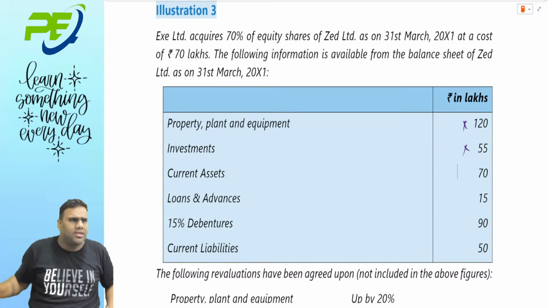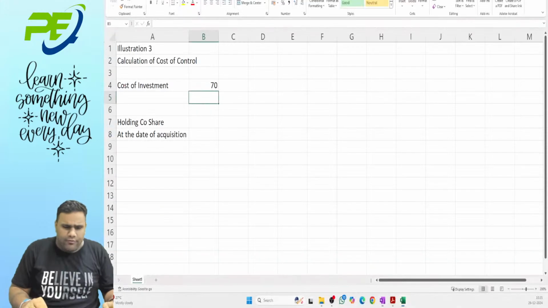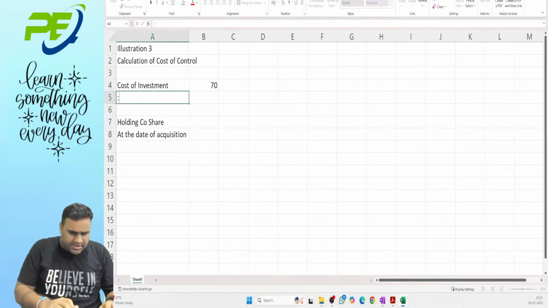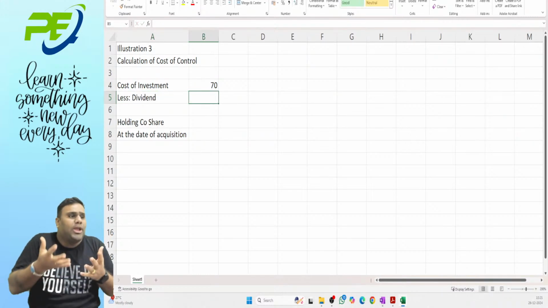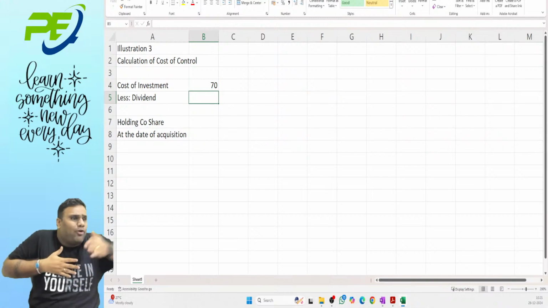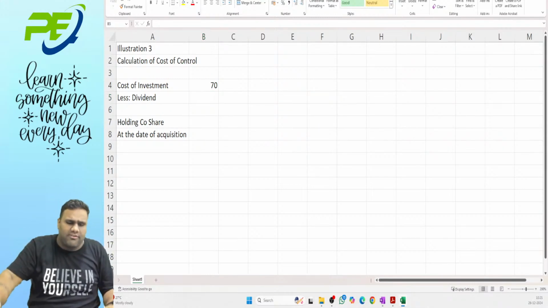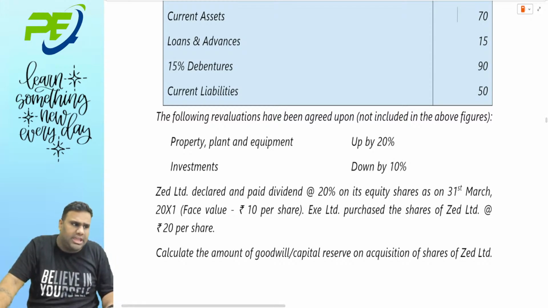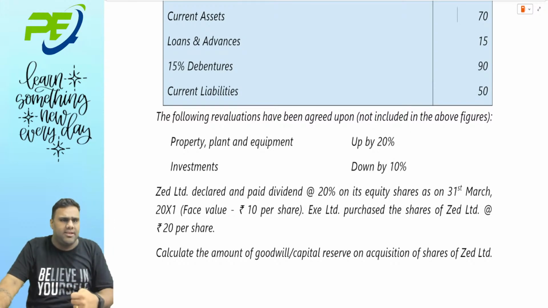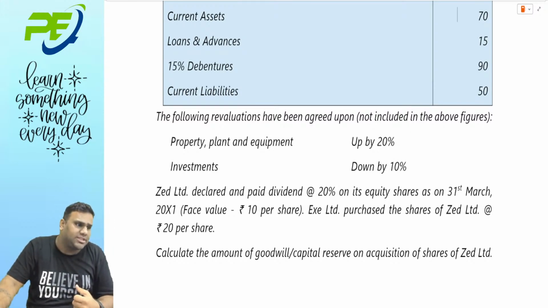Now from this cost, we have to subtract dividend. Why are we subtracting dividend? Because though we are receiving the dividend, for that period we were not the owner. Now how much dividend? 20% on its equity share. So it is 2 per share. Now we need the number of shares.